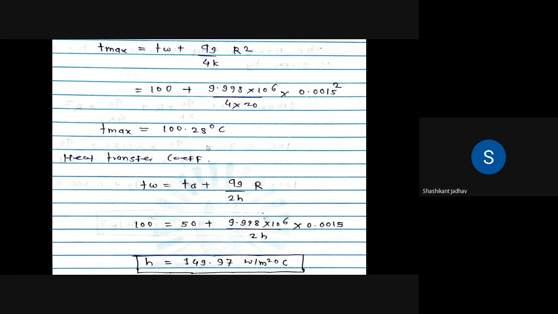And for that equation, we have to find which quantity is unknown. After that, we have to put the values into that equation and calculate the unknown terms. Okay. So this is the way by which we have to solve any problem.